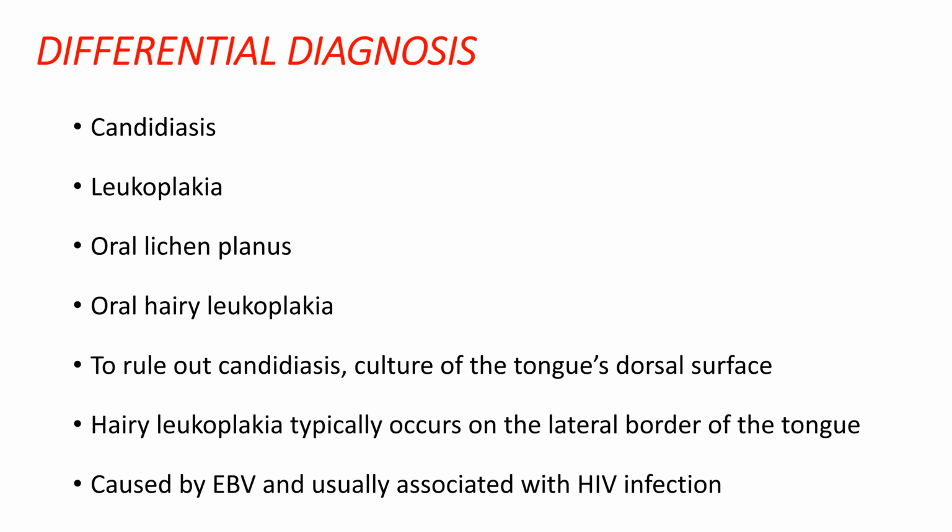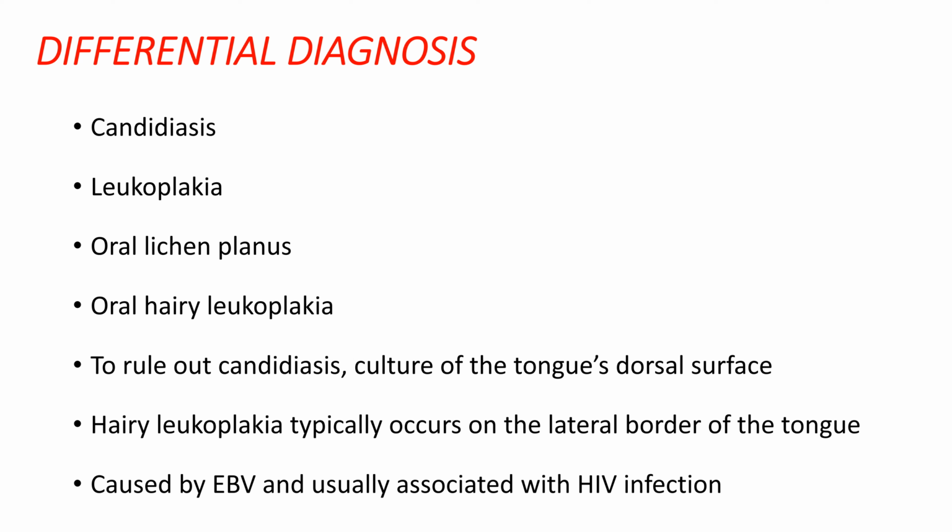Then the differential diagnosis. This condition has to be differentiated from candidiasis, leukoplakia, oral lichen planus, and oral hairy leukoplakia. To rule out candidiasis, a culture of the tongue's dorsal surface should be done.